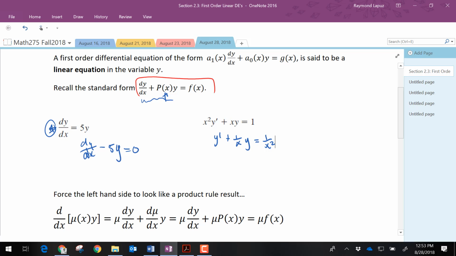So what is mu? If we take the derivative of this mu times y, according to the product rule, it's the first times the derivative of the second plus the derivative of the first times the second. All right, so that's the derivative of mu times y. And then what we want to do is make it look like the expression that we have.